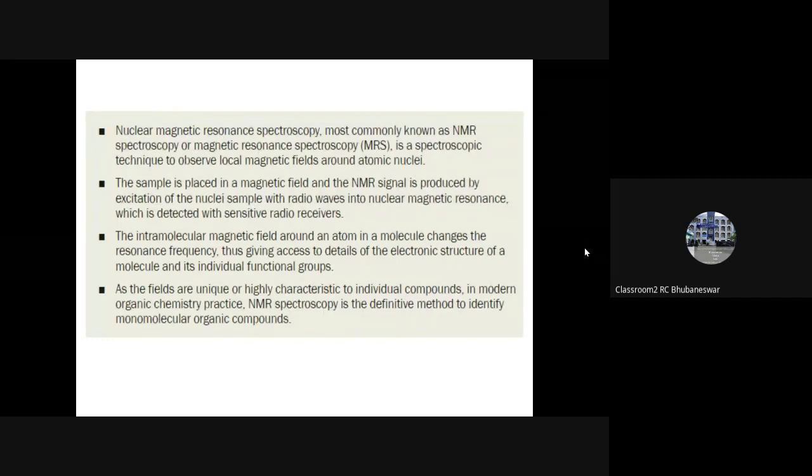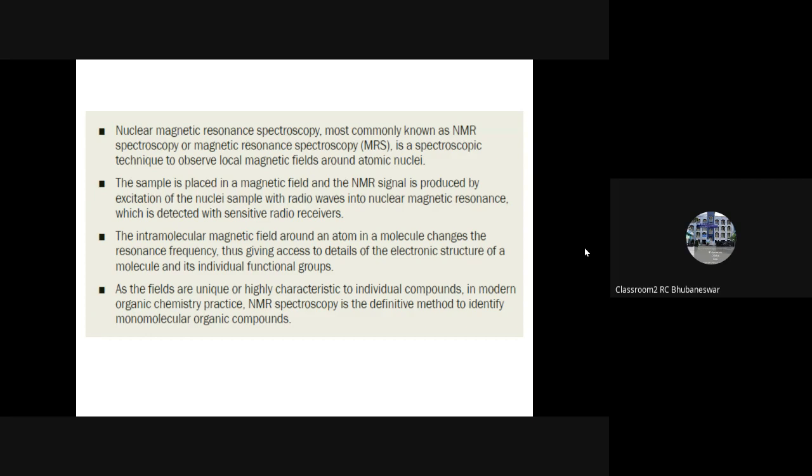You go for characterization using NMR, IR, microwave, UV-visible, whatever we have already studied. By using these tools, you can find out whether the molecule you synthesized is good, pure, suitable for marketing, and whether the methodology you are following is suitable. Everything you can characterize through these spectroscopies.